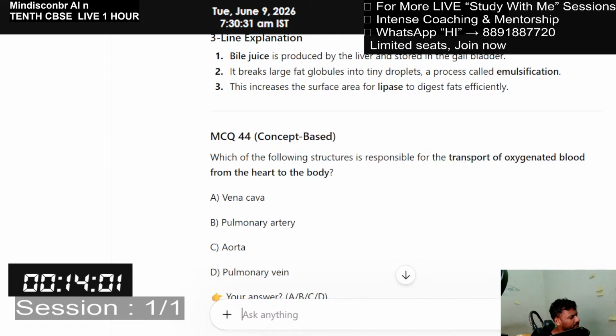Pulmonary vein? From heart to the body, oxygenated blood. Aorta.